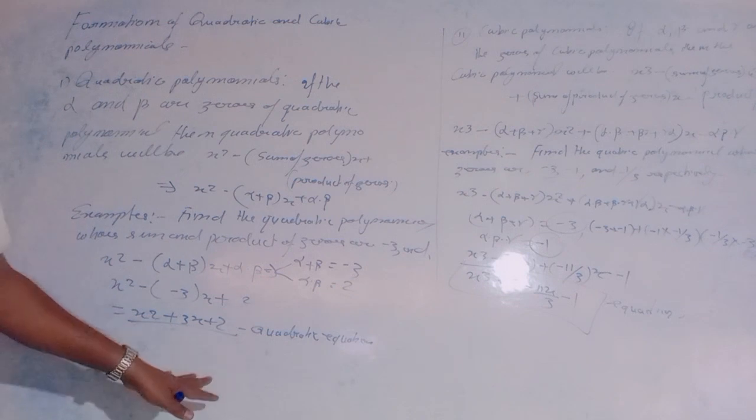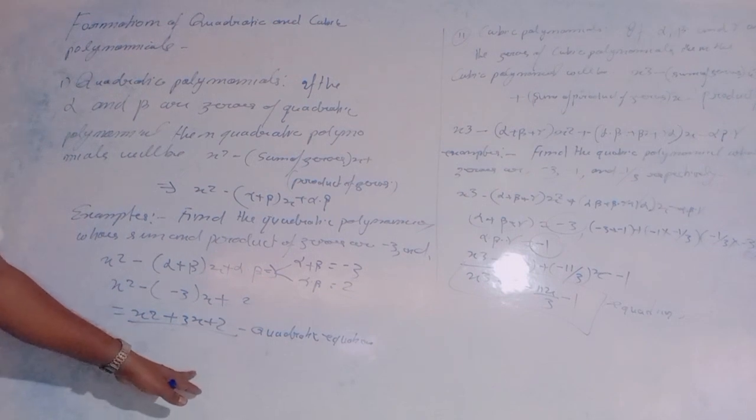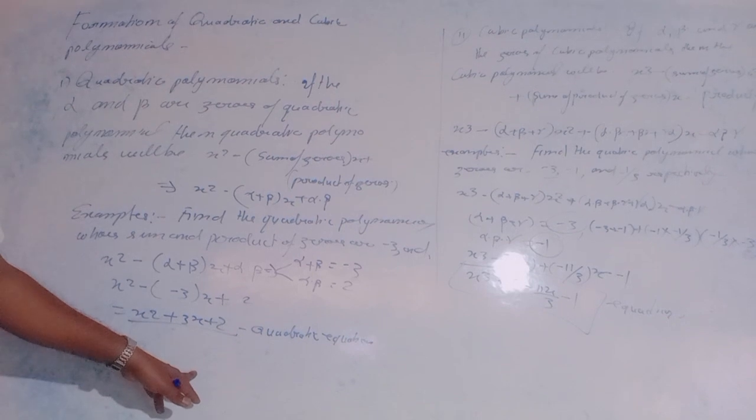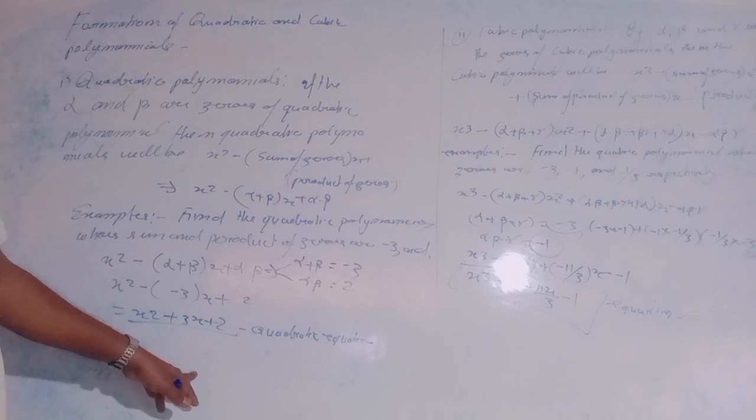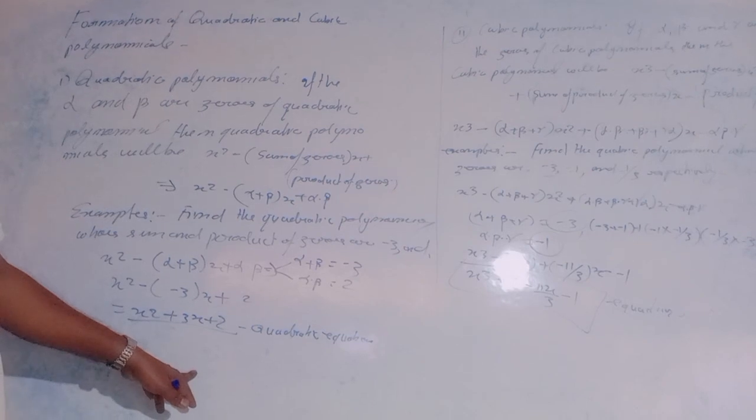Okay, these types of questions generally come up. If we consider x cube and x square, here we have calculated x cube minus 5 by 3 x squared. Substituting this value, we get minus 1 and 11 by 3 x.